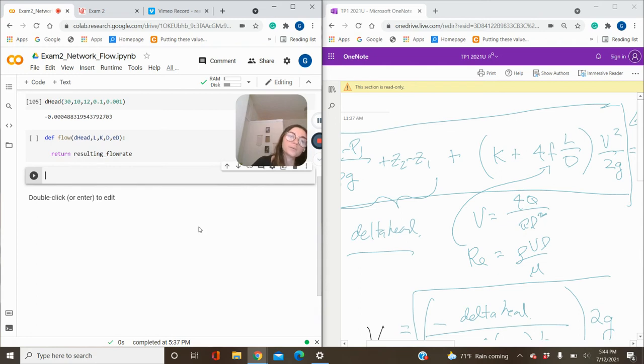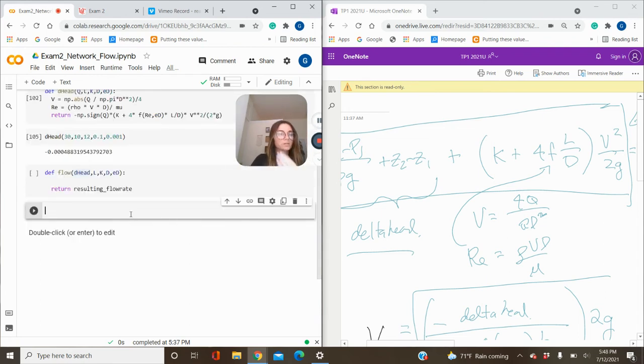And basically what we want to do now is find our initial guess. And how do we do that? Okay, so in order to make our initial guess for our flow rate to get our function to go to 0, we need to calculate our volume and our Reynolds number.